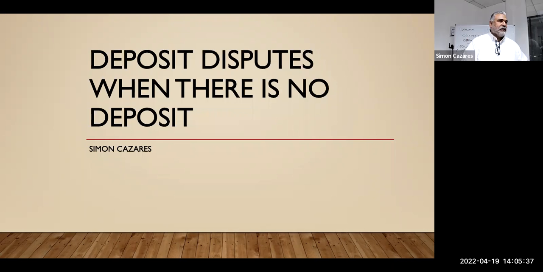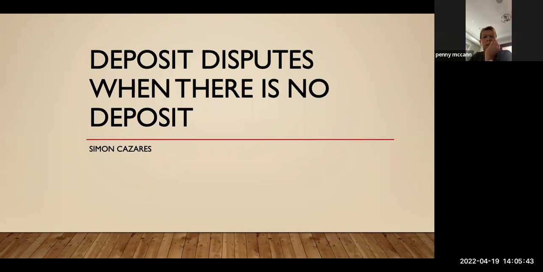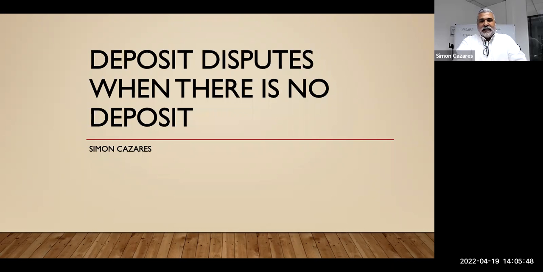Now, what is the maximum amount of money that a seller can get from the buyer's deposit? Anyone know? 3%. Yeah, 3%. Absolutely, yes. That's basically the total amount that the seller can go after for damages.